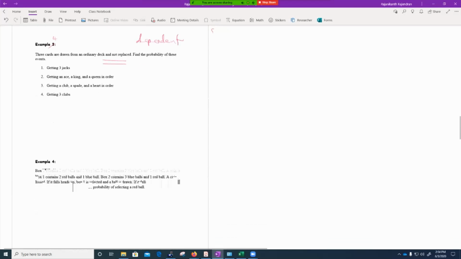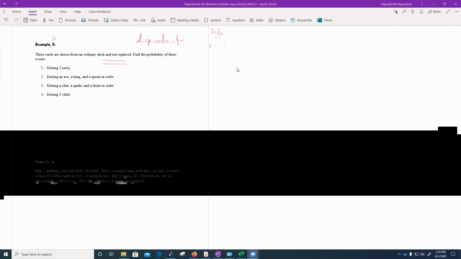Okay, so I'm going to do it somewhere here. First one. So we are drawing. The first one is finding the probability of getting all 3 jacks. What does that mean?